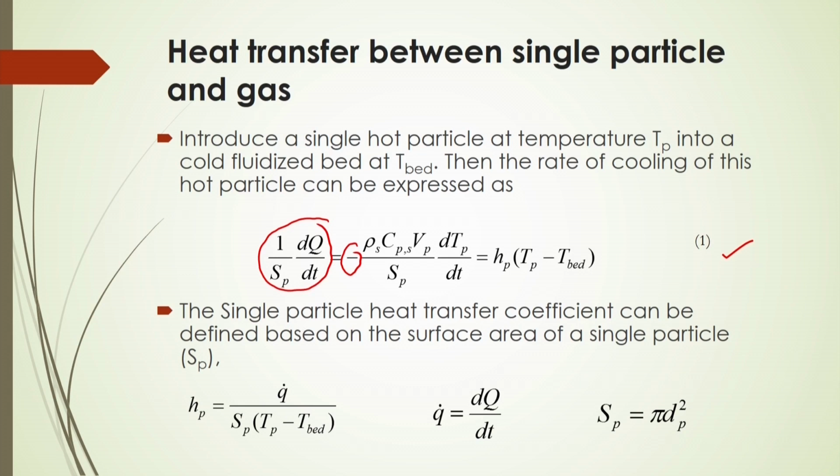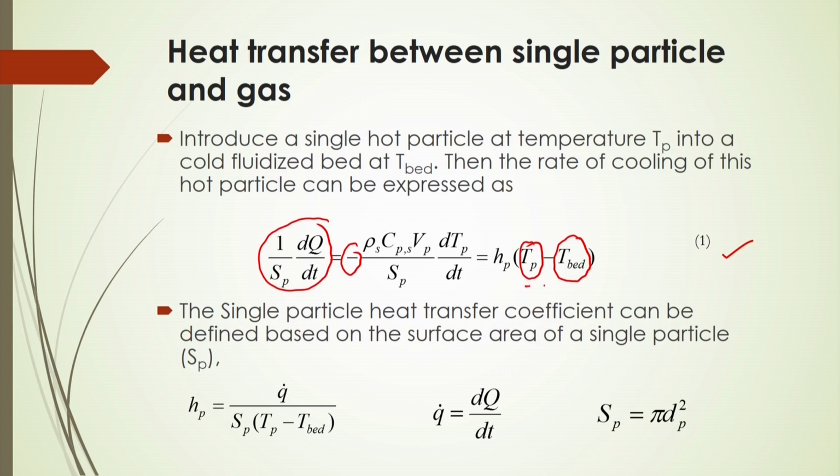Now, if we supply the gas or liquid inside the bed, then of course, for the single particle, heat will be removed from this single particle to the medium. If the medium temperature is T bed, that means the fluidized bed temperature is T bed and the particle temperature is T p, then the temperature difference will be T p minus T bed.